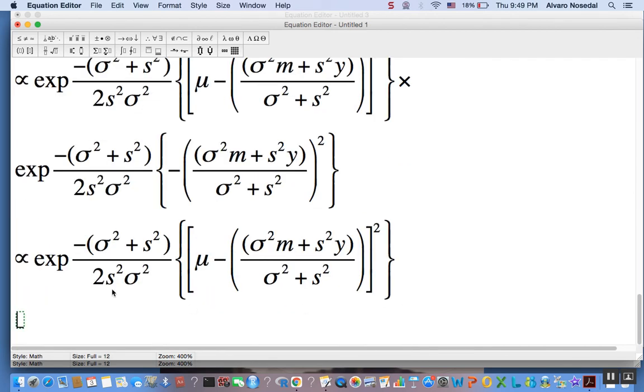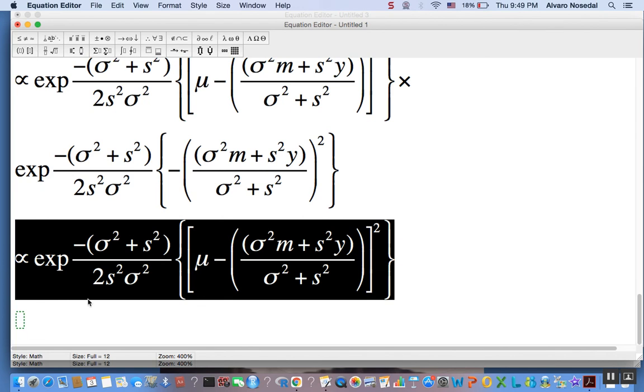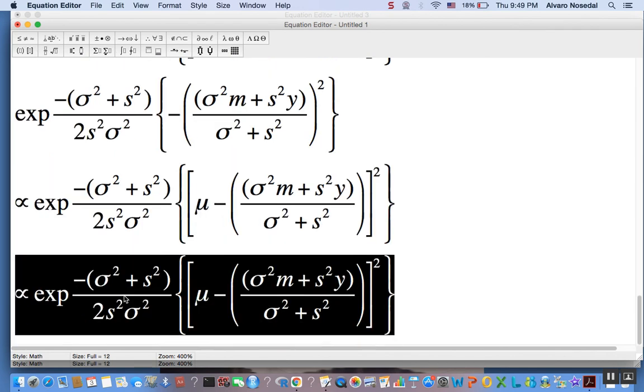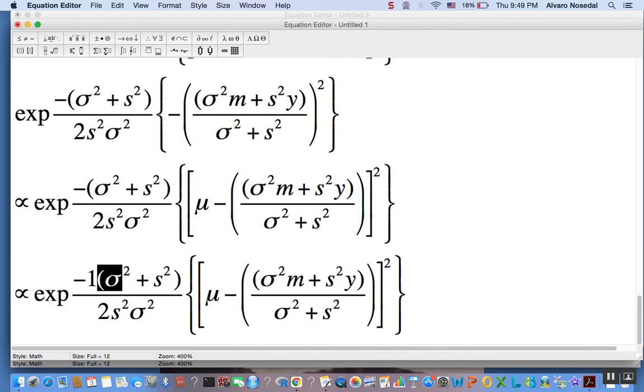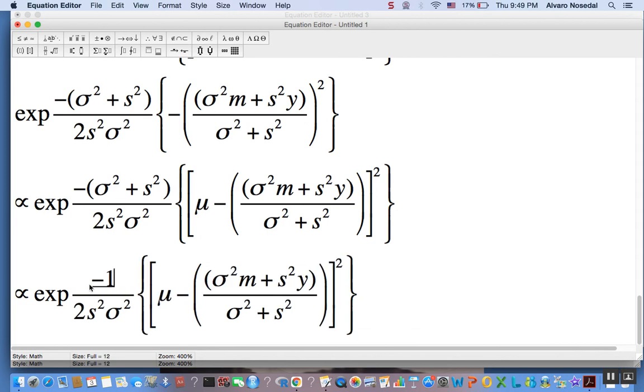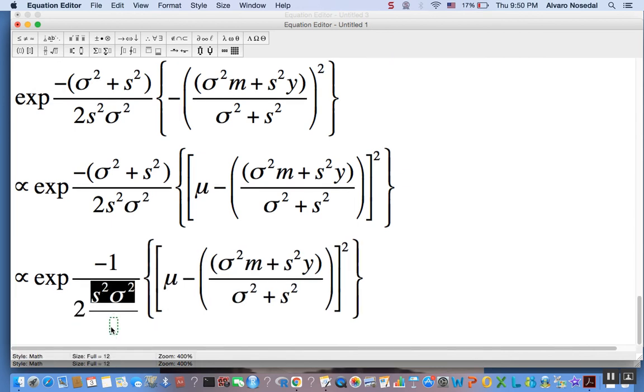We're almost there. Let me rewrite this as follows. Note that e to the negative sigma squared plus s squared divided by 2 times s squared sigma squared times something is the same as this. Let me place a -1 here, and let me just borrow this term and place it here.